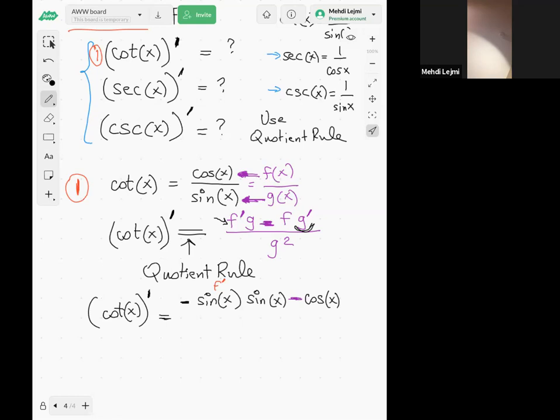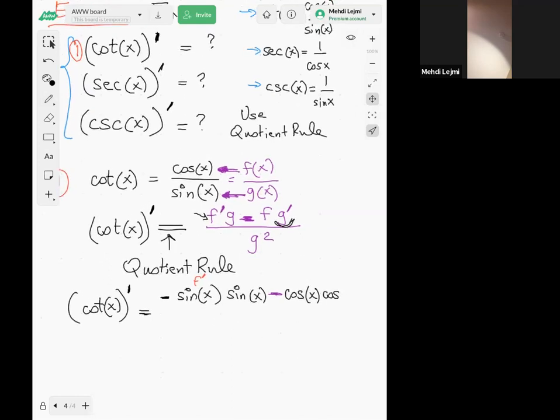The derivative of sine, we said, is cosine. So it's times cosine of x. That's my g prime, over g squared. Here g is sine, so over sine square of x. So cotangent of x prime.